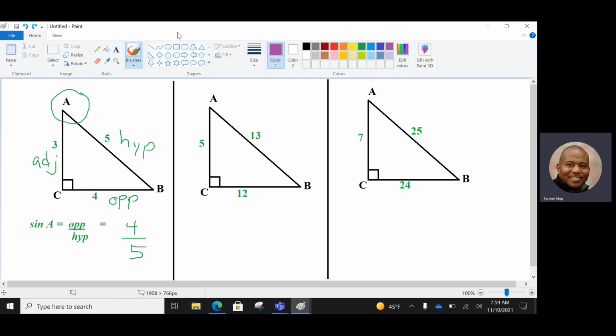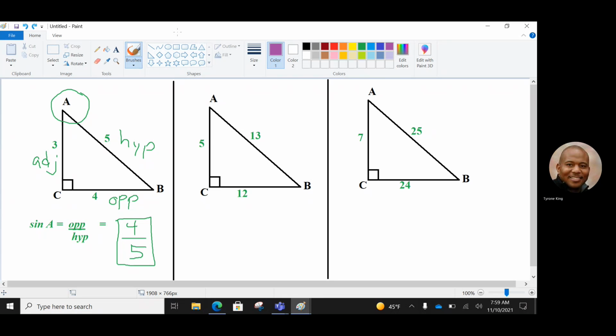The opposite is the side that does not touch the reference angle. And the adjacent side is the side that meets up with the hypotenuse to form the angle. Now, all I have to do is look. Sine is opposite over hypotenuse, so I know the sine of A is 4 over 5. And we're done.